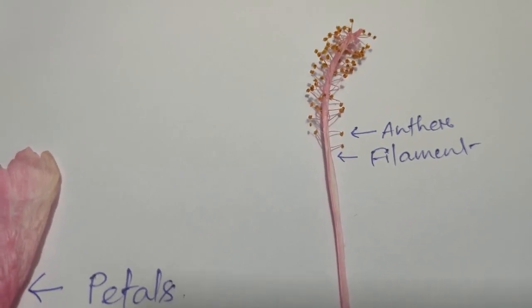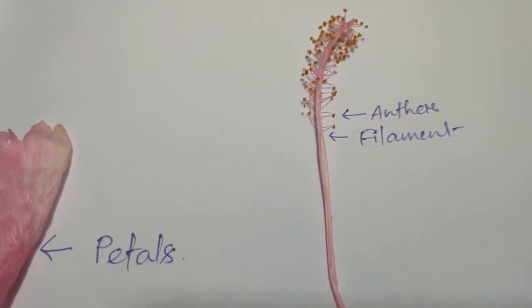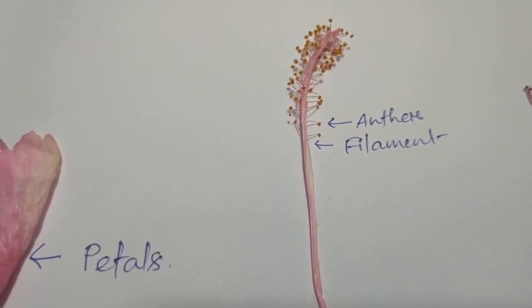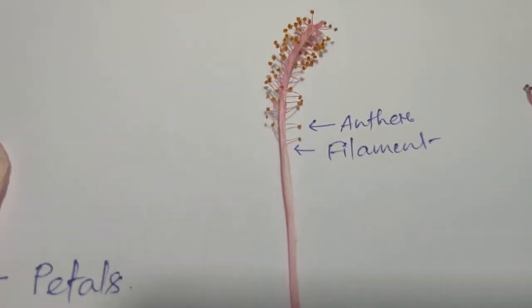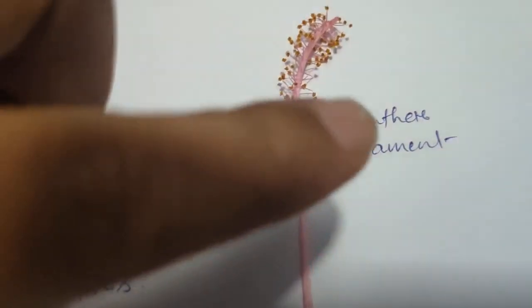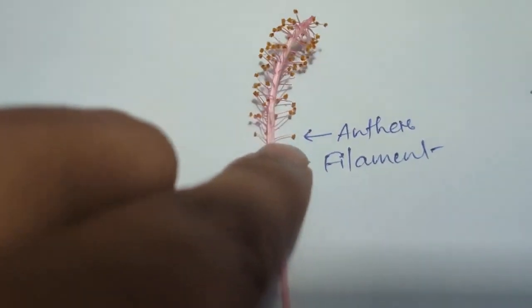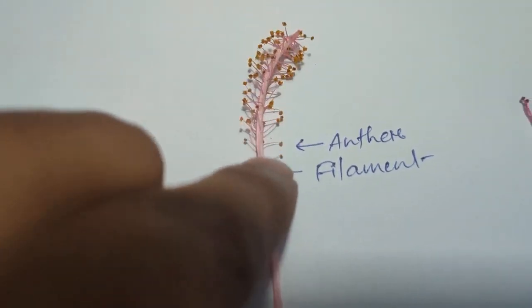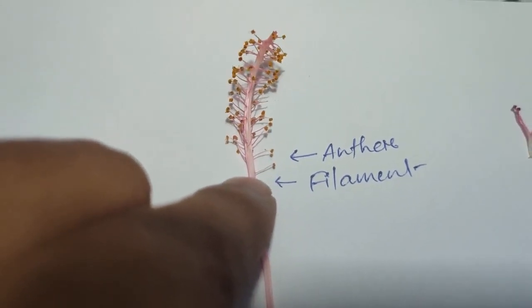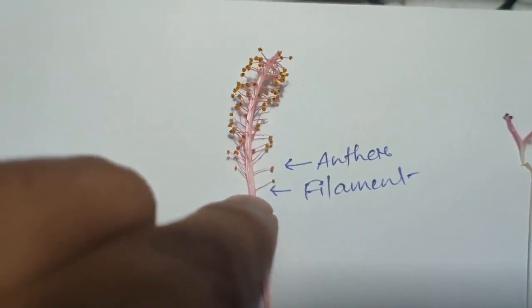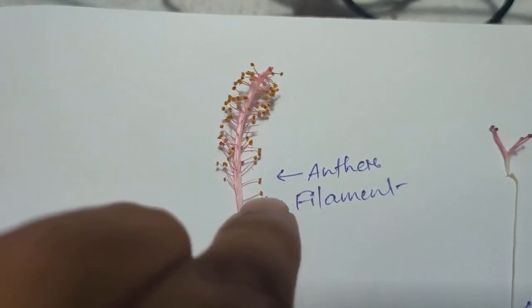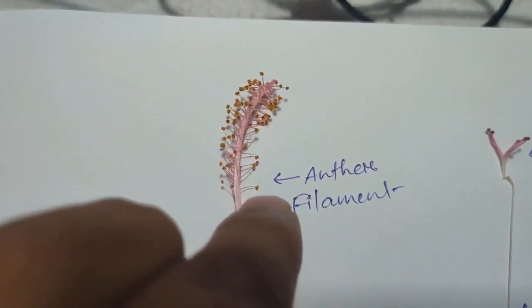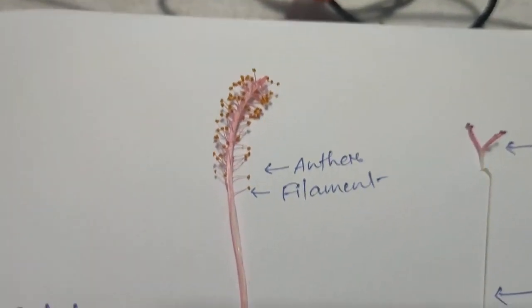So anther is a bunch of pollen grains, and this anther is fitted on a pipe-like object. It is present on a stalk, and this stalk is known as filament. So anther is present on filament. This is all about our stamen.